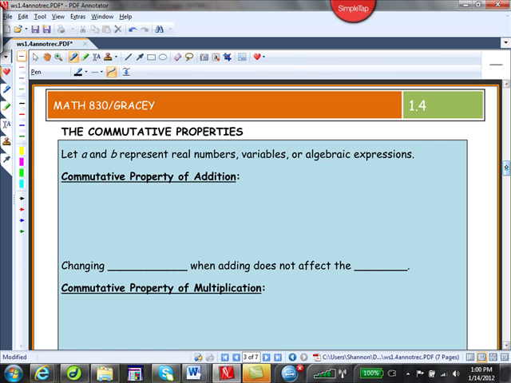Okay, the commutative properties. A and B are real numbers, variables, or algebraic expressions. So the commutative property of addition says if you have A plus B, you can move the positions of A and B, and you would get B plus A. So changing order when adding does not affect the sum.